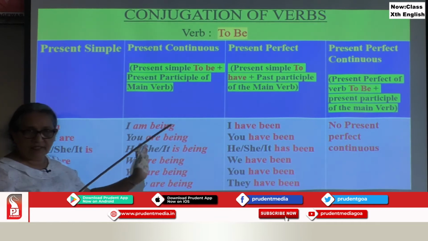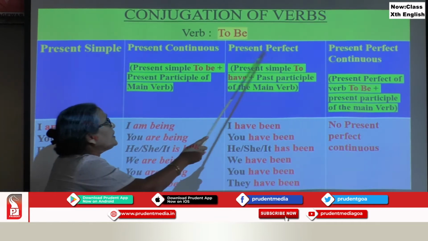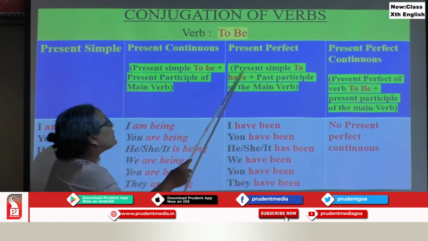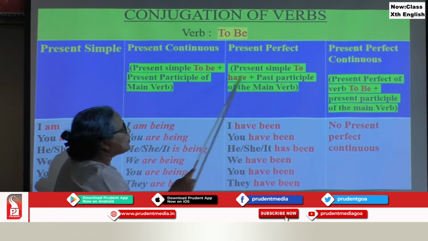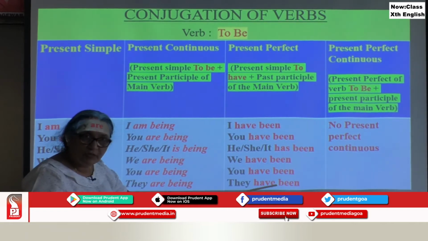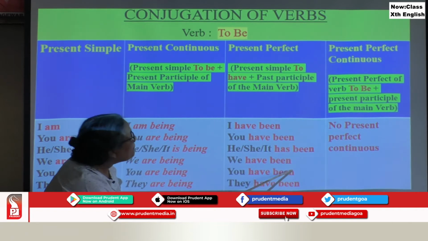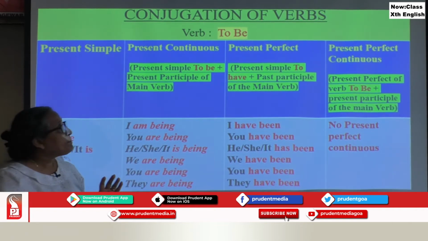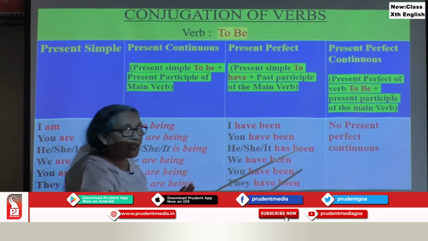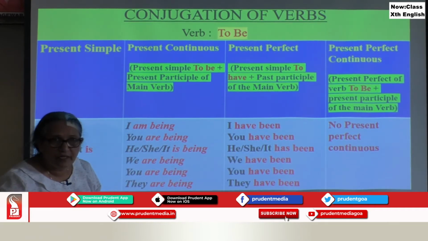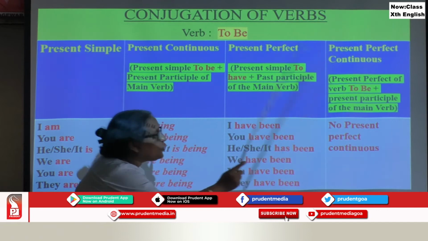Ing will remain the same. In the case of from present perfect to past perfect, now here we are putting present simple of verb to have. In past perfect, we will put past simple of verb to have. Past participle will remain. In the case of present perfect continuous, we will use the past perfect of verb to be, and the ing form will remain.